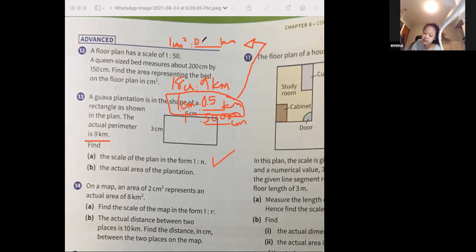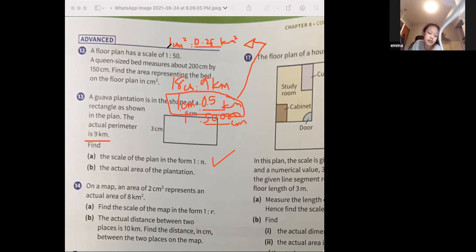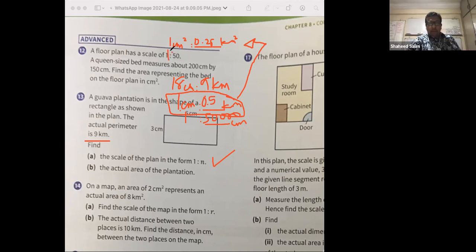Yes. And now you have to find out the area of the plantation. What's the area here? 6 times 3. 18. So 18 square cm.